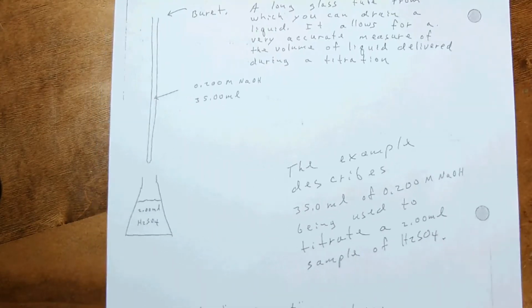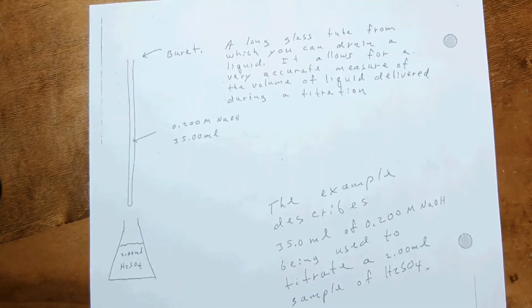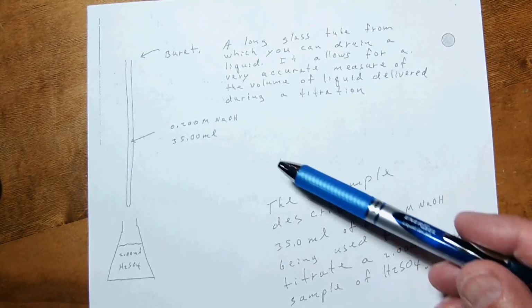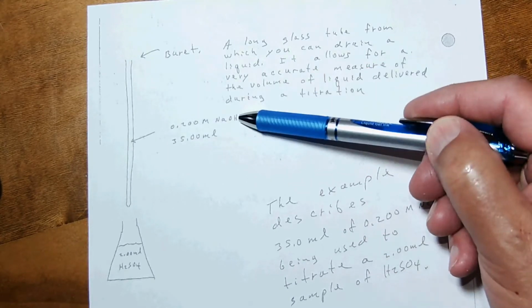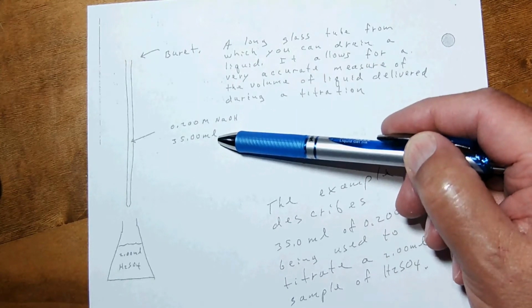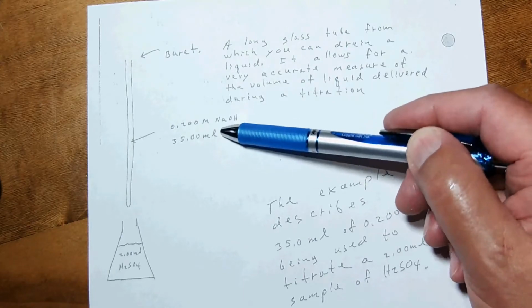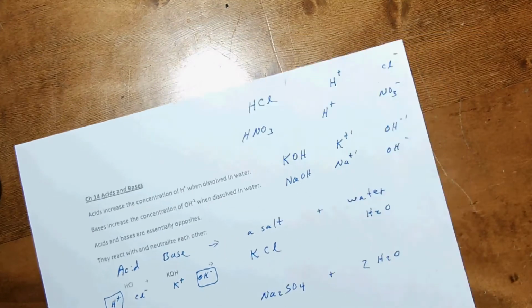Hey guys, on the flip side of this, it kind of diagrams that problem we just worked. It shows you what it would look like in the lab. You got the burette, you added this much of your hydroxide to that much of the acid. So hopefully that helps.